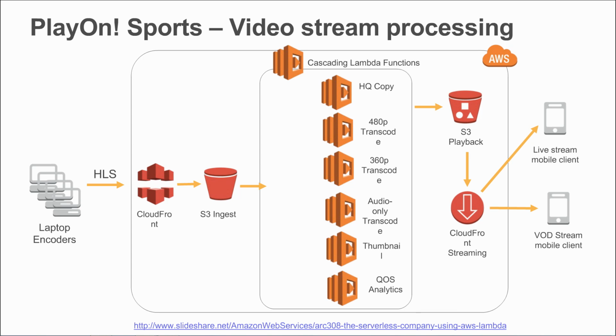So as soon as that video chunk hits S3, metadata about it is being transferred to a set of Lambda functions whose job it is to take that chunk, transcode it into a bunch of different formats, take a thumbnail, do some analytics against that chunk, all of those things, and as soon as the transcoding activities are done, bundle them together and place them in a separate S3 bucket, where the end user streaming clients are able to access them in near real time. So an entire end-to-end video transcoding and real-time processing pipeline, fully implemented through serverless technologies, not a single server that they need to manage for this application.